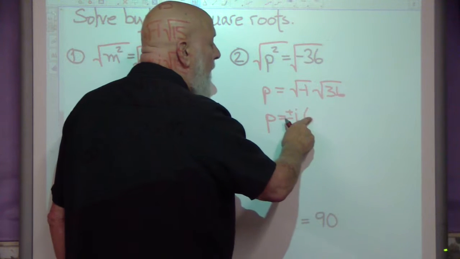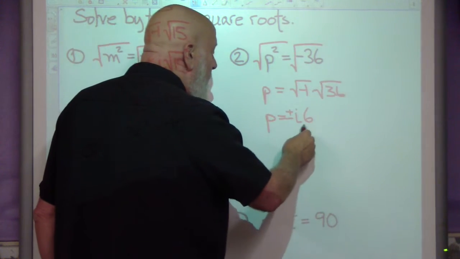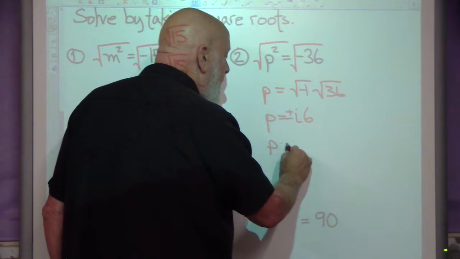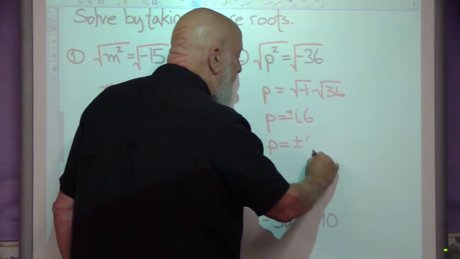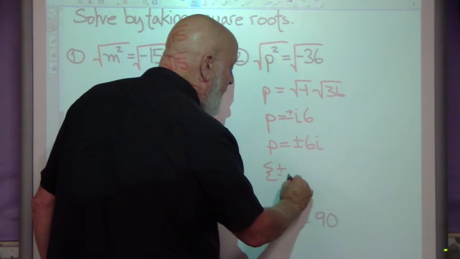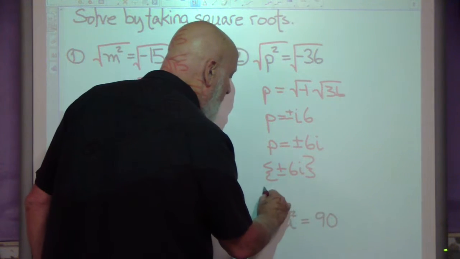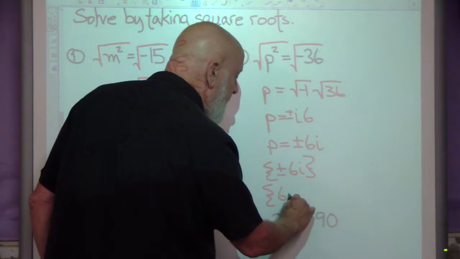So, plus or minus i6. When it's not a radical, it's an integer, we often just put the integer first, plus or minus 6i. And you can look for it like this in a standardized test, or you can look for it like this.